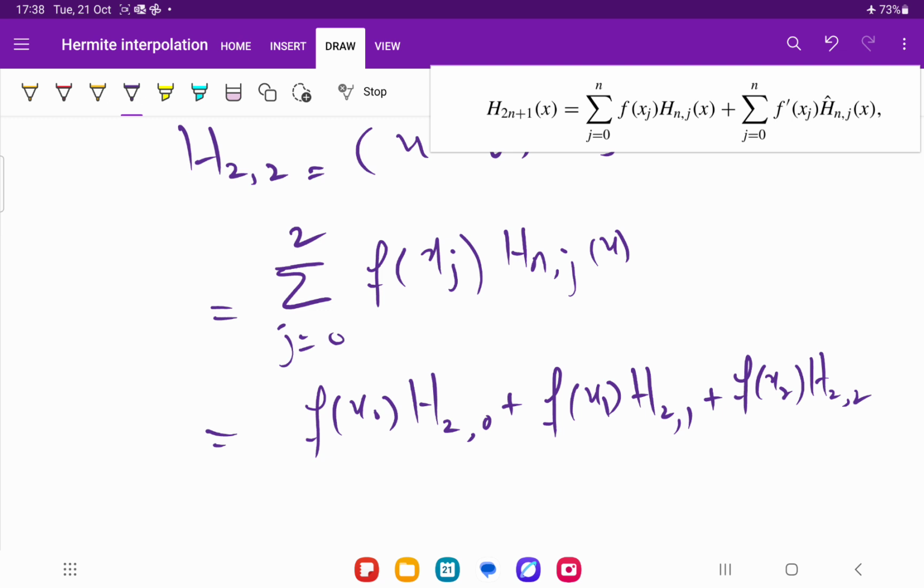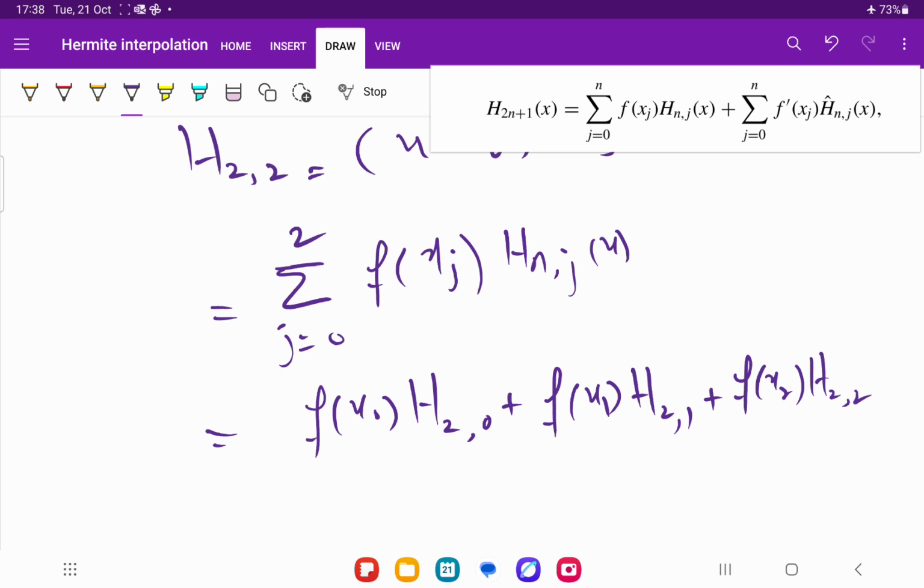It means you have to multiply your f of x naught with h2 0, because we have estimated h2 0 before. f of x naught, f of x1 and f of x2 will be given to you as a given column. So you will estimate h2 0, h2 1 and h2 2. When you multiply together, you will get the first part of the formula.